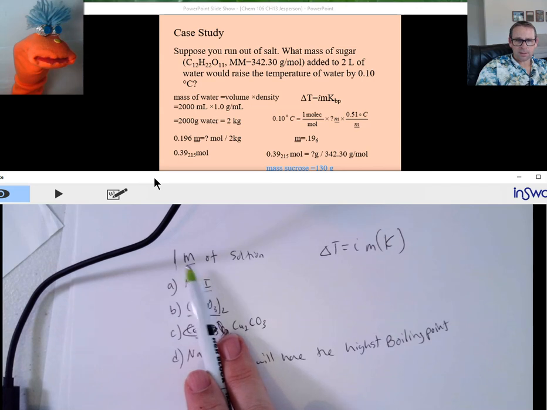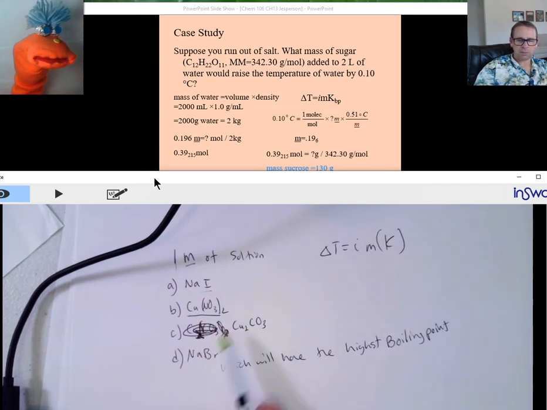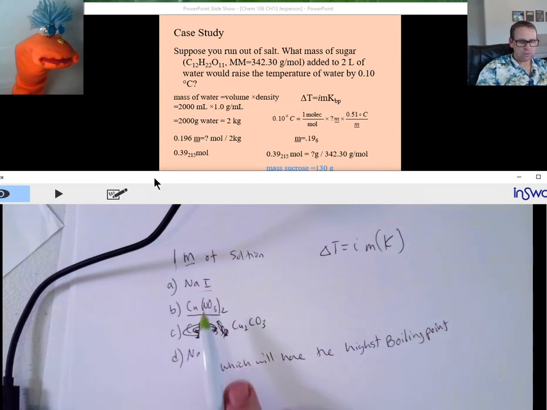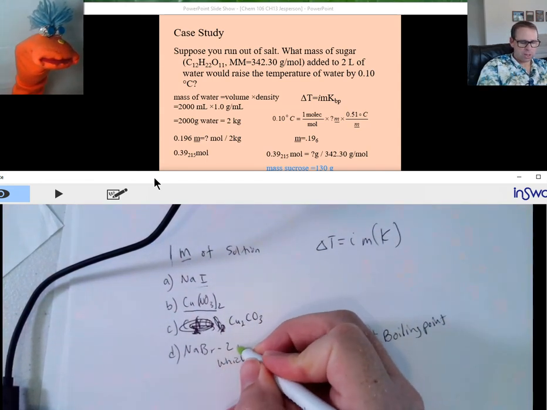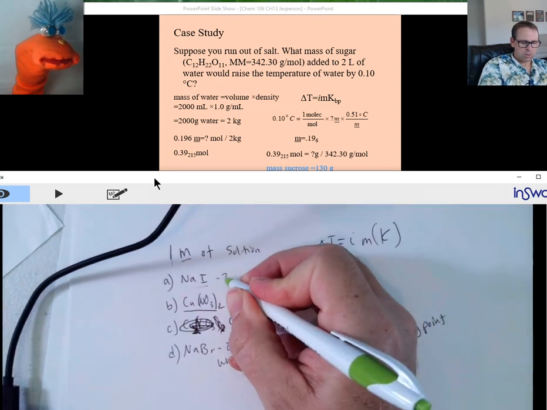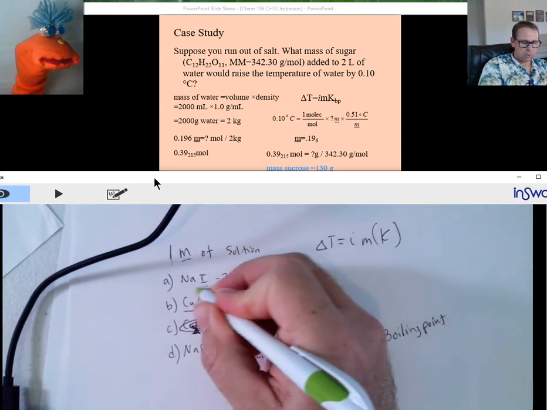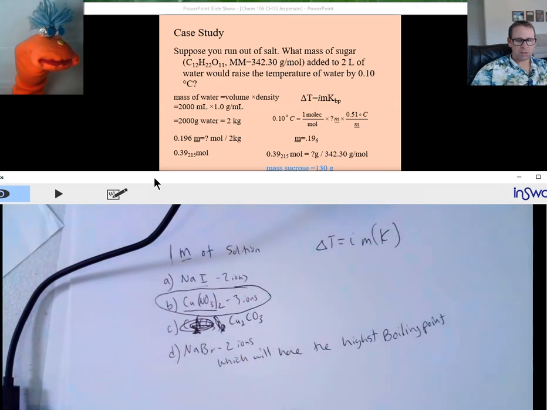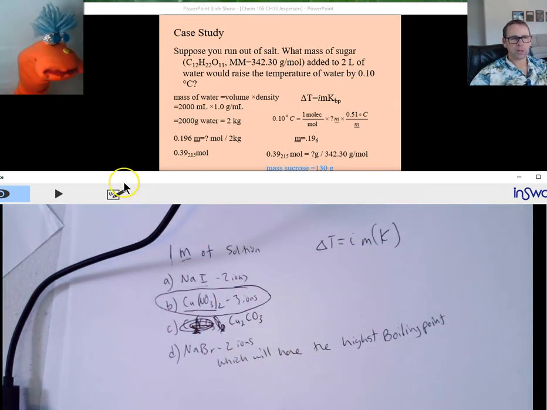But the idea is you have to recognize that it's because of their solubility and dissociability that you get the shift in the boiling point here. And so this results in 2 ions as well. So we got 3 ions and 2 ions, and the answer will be this will make the largest shift in the boiling point because it has more ions. Okay, good job, Fred. Good chapter.